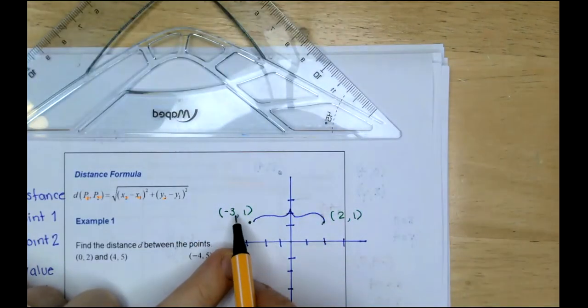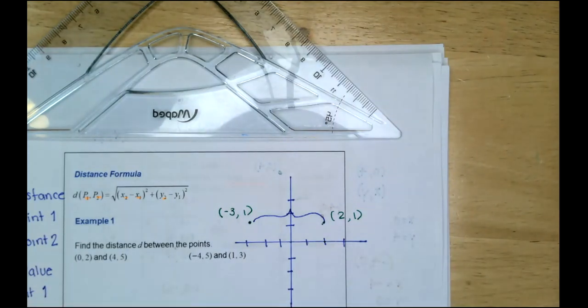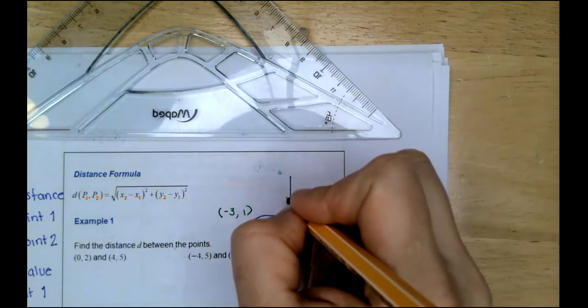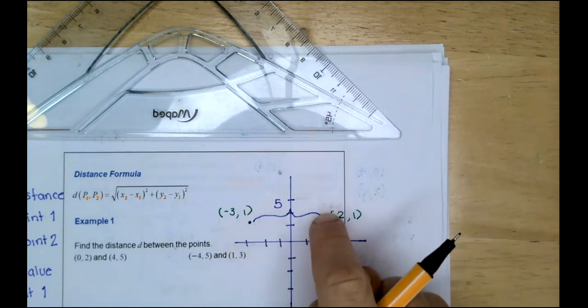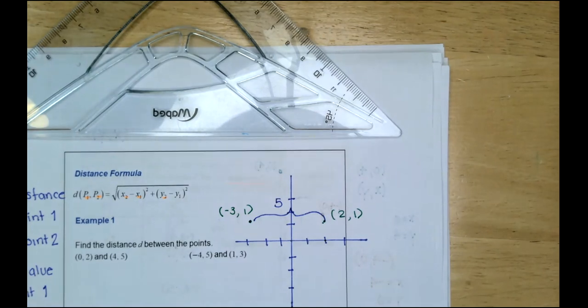So the distance between -3 and 2, you could even put it in your calculator, -3 minus 2 is -5, but as we learned with absolute values, distances can't be negative, so that's going to equal 5 as your distance. Or you can just count it, 1, 2, 3, 4, 5. The distance between -3, 1 and 2, 1 is 5. You can count up and down, you can count side to side.